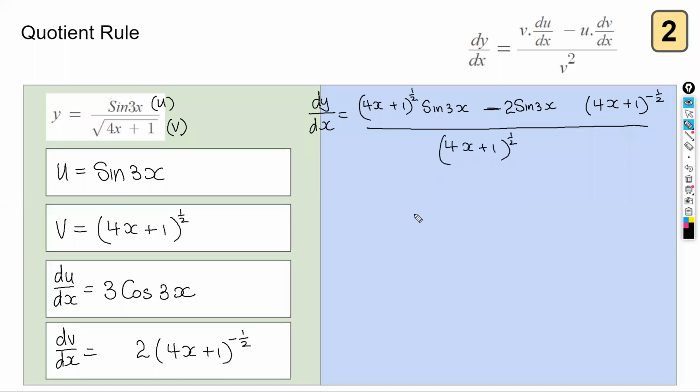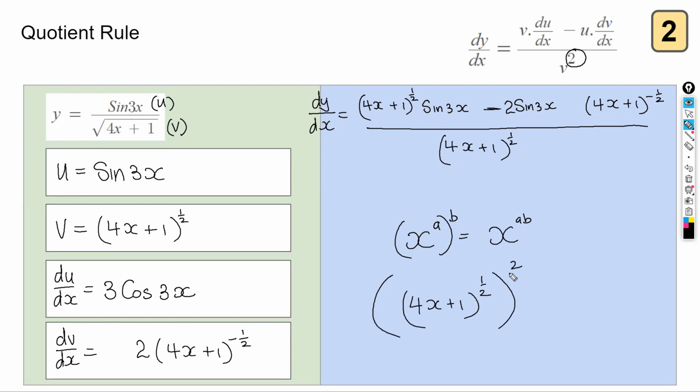Now, in case you didn't notice, right? If you have 2 things in maths, like x to the power a and it's to the power b, when 2 powers are separated by brackets, it's okay to multiply the powers. So that means if I have 4x plus 1 to the power a half, and the formula tells me I have to square that entire expression.